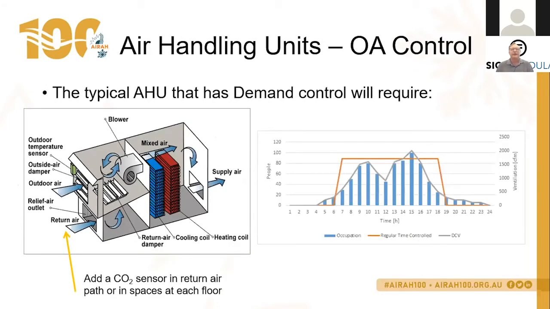For the outside air control with demand control, so CO2, you'll have a CO2 sensor in the return air path or within the spaces at each floor to check the CO2 levels, and then that will determine the control of the outside air damper. The outside air damper will open and close in response to those CO2 levels, as opposed to a system without outside air control.